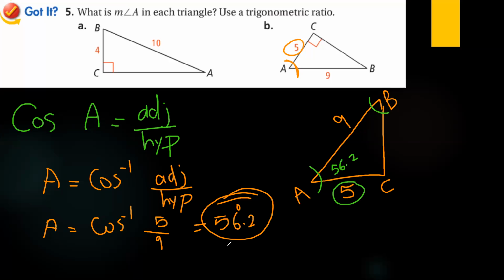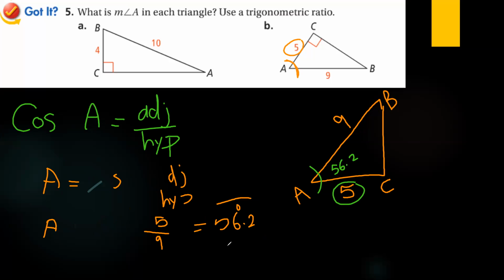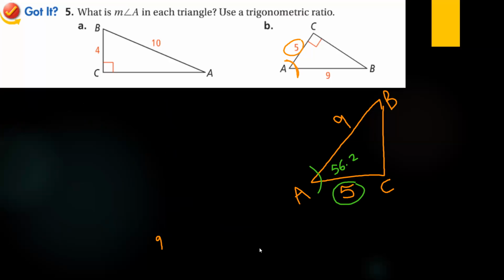It will be opposite over hypotenuse, which is the sine. Another way, how can you find its measure? We will say that 56.2 plus x plus 90 equals 180. Bravo. So in order to find the measure of angle B, the measure of angle A plus angle B plus angle C will be 180.